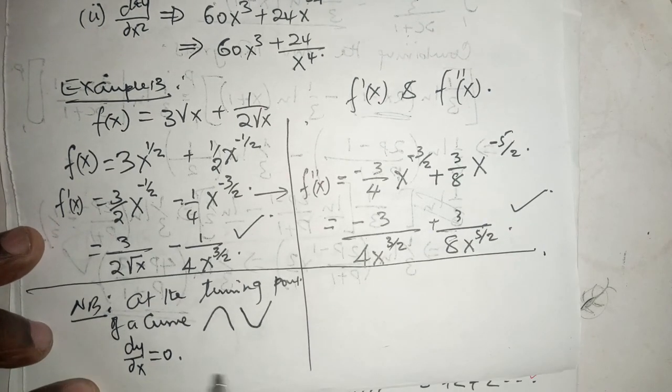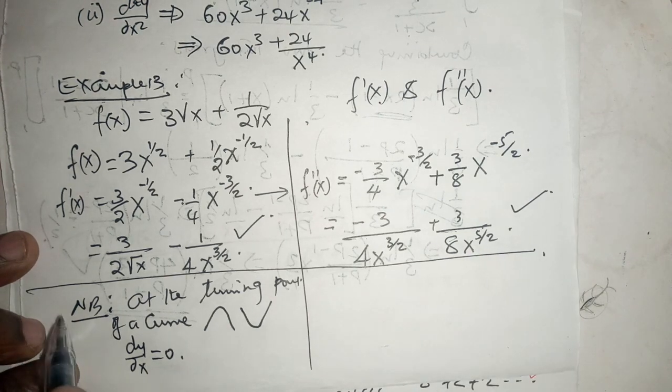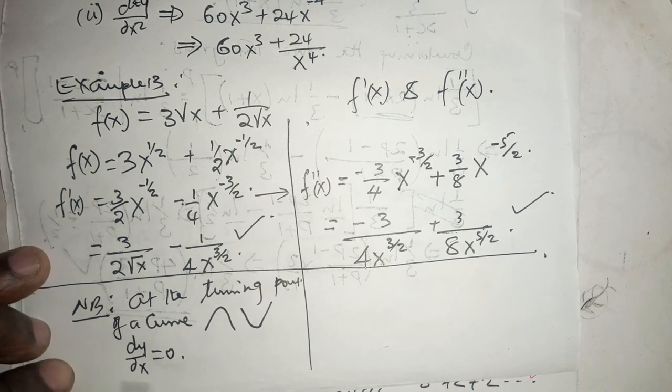Remember this: at the turning point, dy/dx is 0. Though we have had this before, it is important to remind you, because in the assignment there are some questions that will require this information.